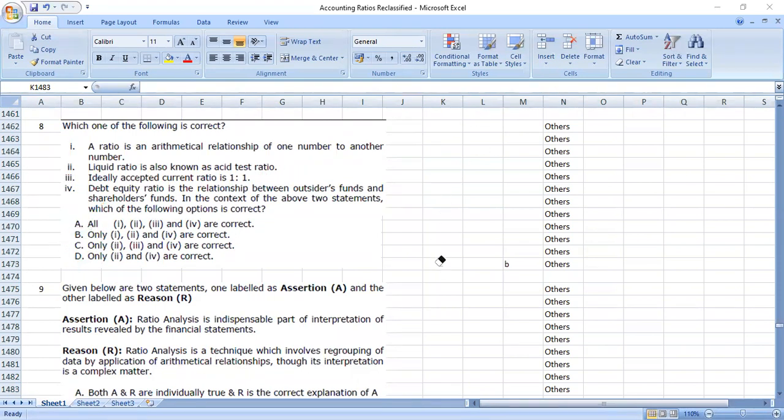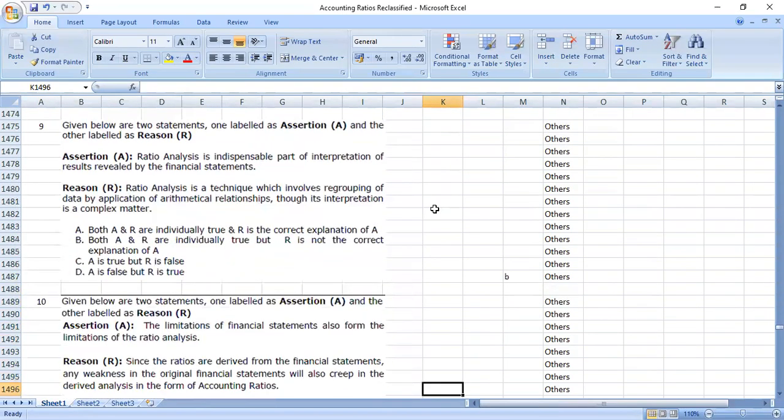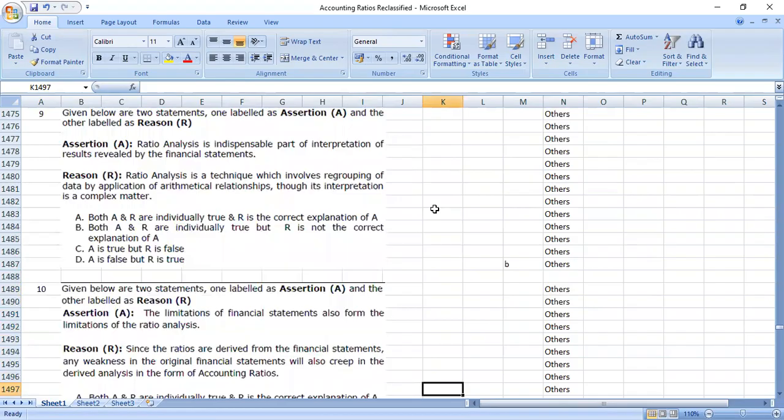All right, moving forward. Assertion reason question. Oh, these guys have framed assertion reason questions in a very funny manner. I hope this one is good. Ratio analysis is an indispensable part of interpretation of results revealed by financial statements. It's very true. It helps us understand in relation to various things and compare with other organizations over a period of time.